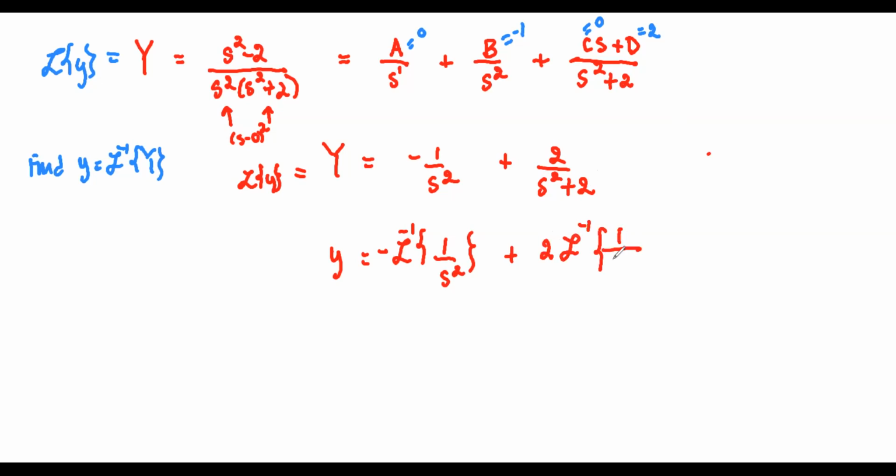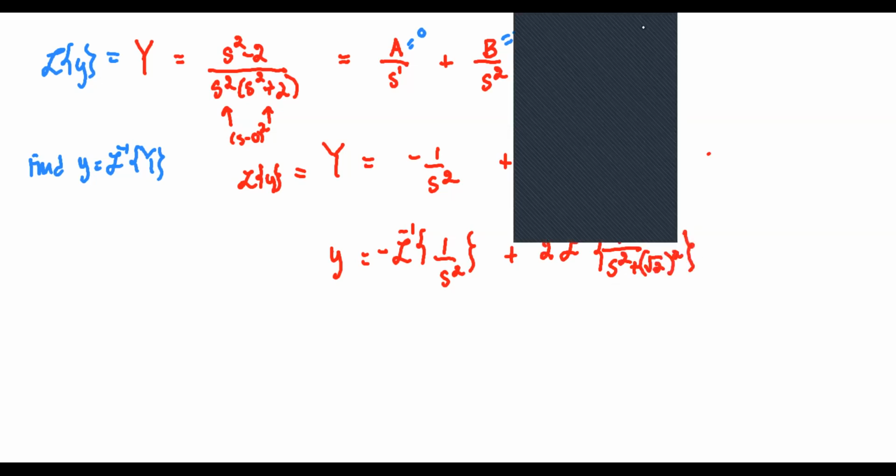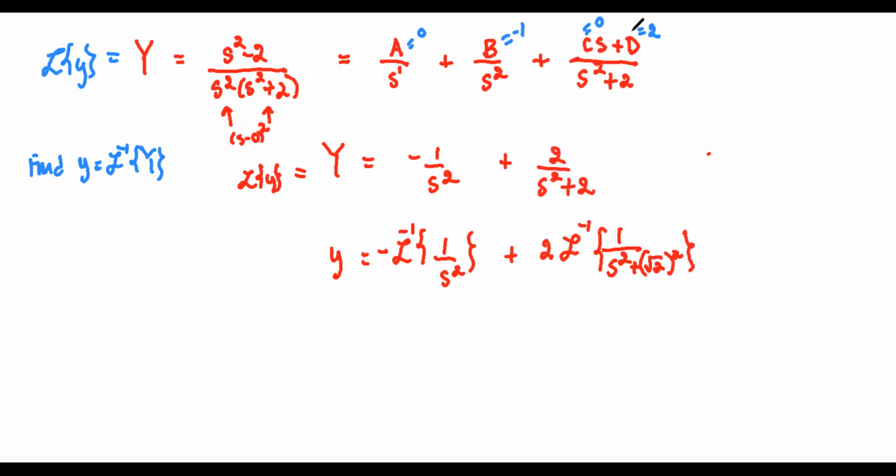Have 1 over s squared plus, I'm going to rewrite 2 as square root 2 squared, just to make the form ready to go. And if you recall the theorem in 7.1, for the power, the Laplace of t to the power n is n factorial divided by s to the power n plus 1.